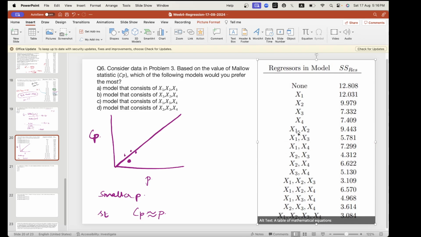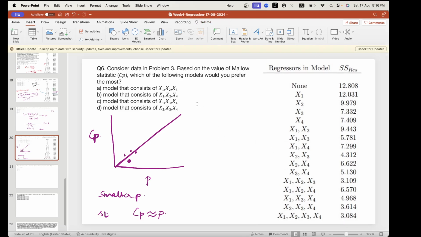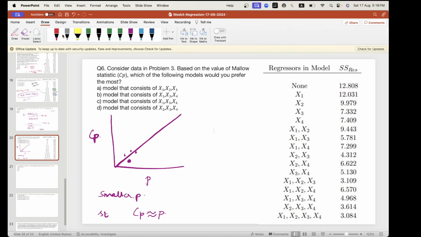In this case, we are going to calculate for each of the cases the Cp values separately. First thing I'm going to calculate is the MS residual. That is 3.084 divided by 49.